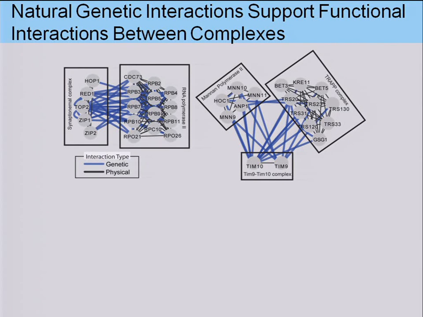The result is that we find these beautiful between-complex interactions. So in this case, we have different members of the synaptonemal complex. Black lines represent physical interaction between the nodes. And then Rad52, and again, each node is a different gene, black lines represent interactions between them.